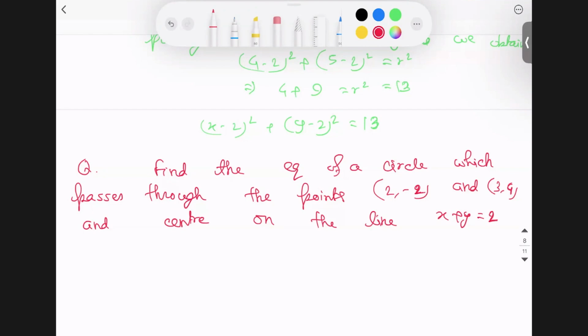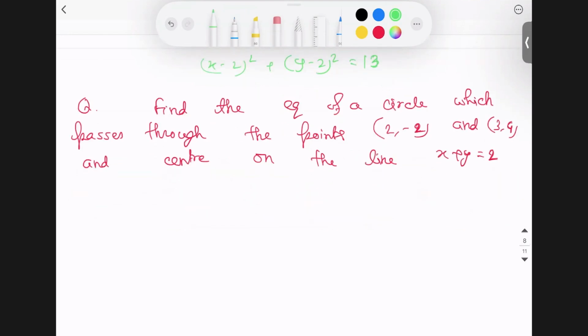Okay, so here they didn't put any condition on h and k and r, but they have given some points from where we can find the equation. So let's try to find the equation. So the equation of the circle will be of the form (x minus h) whole square plus (y minus k) whole square is equal to r square.